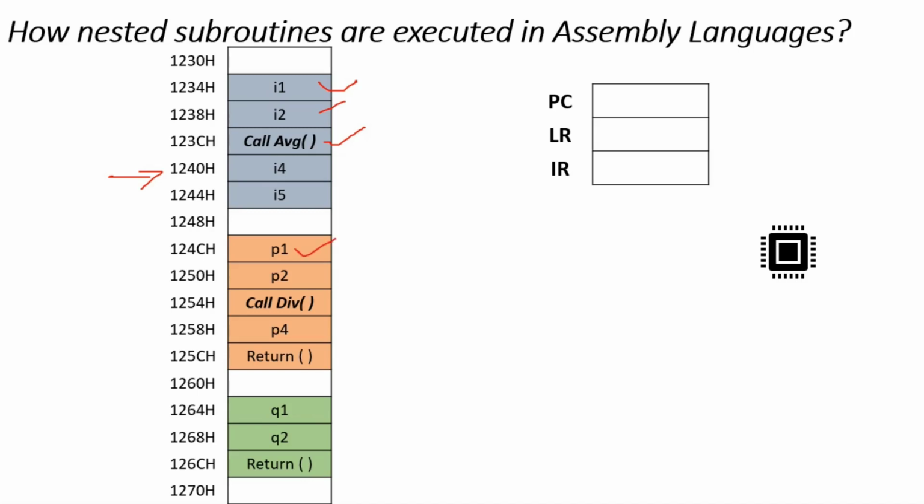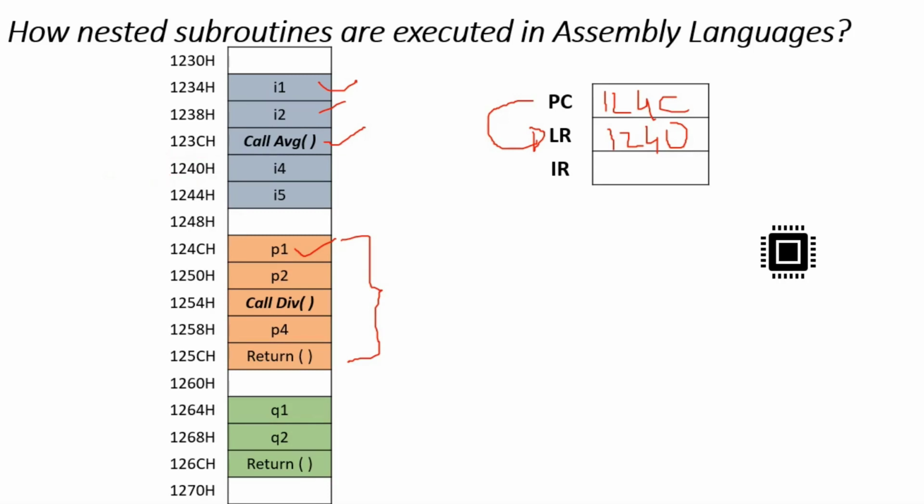So it copies the 1240H return address from PC to the link register, and PC is updated to 124CH, the first instruction of the subroutine average.